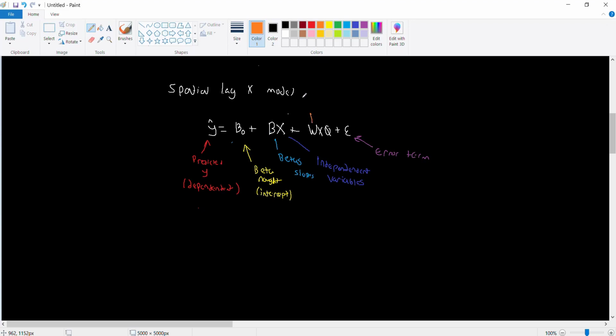So Wx is the mean of your neighbors, and this theta is the slopes. Theta is equivalent to the beta, but theta are specifically those coefficients that correspond to the means of the neighbors, whereas beta are the coefficients or the slopes that correspond to the independent variables.